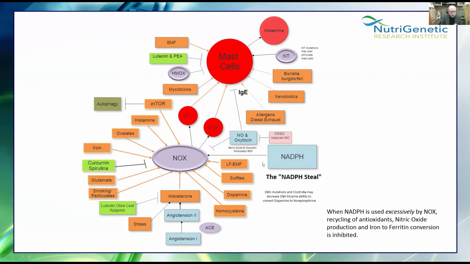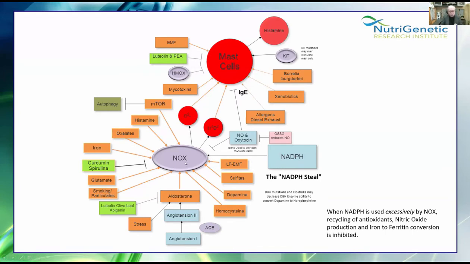So we just showed you earlier the importance of NADPH, how it's involved in so many functions. So in our huge map that we give to people, we have all those functions over here. However, when the NOX enzyme needs to make this free radical, it steals NADPH from doing all those other important functions to provide the electron needed to make the superoxide.